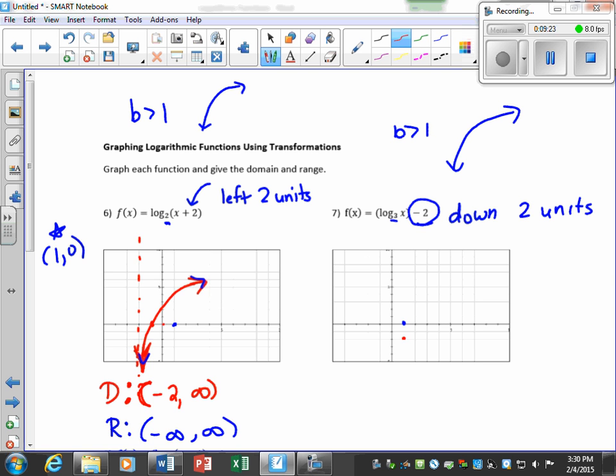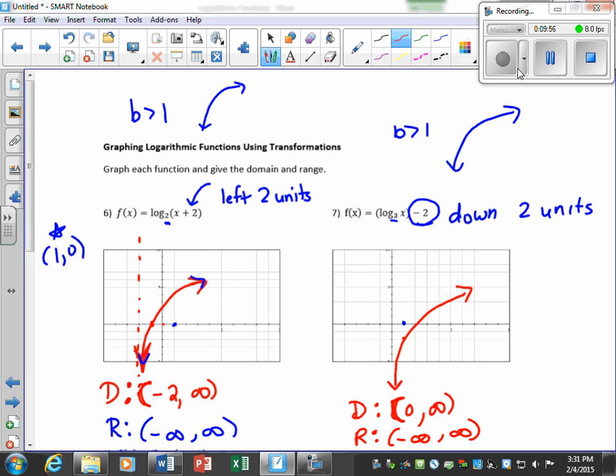So we go down 2, and then we're going up through there. Just to give a rough sketch. Like I said, if I want an exact, I need to make an XY table and solve that out. So your domain is going to be from 0 to infinity. The range is your bottom to the top, so it's -infinity to +infinity.